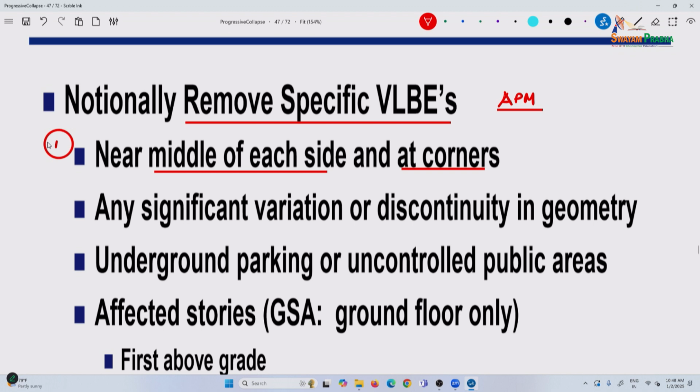Any significant variation in discontinuity and geometry, underground parking or uncontrolled public areas, you remove elements here also. This is in the first and second floors, but remove elements.